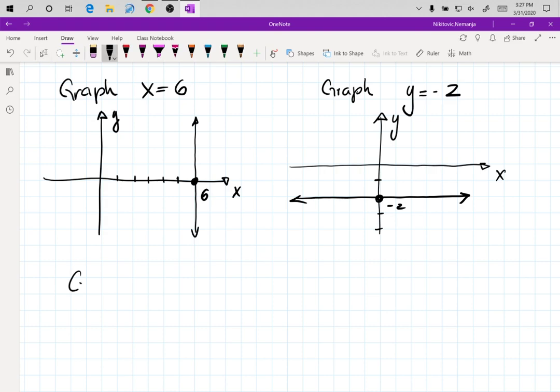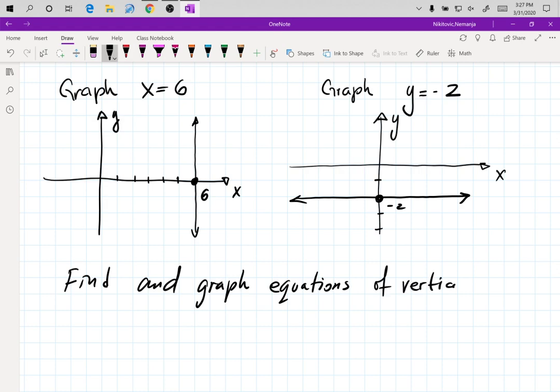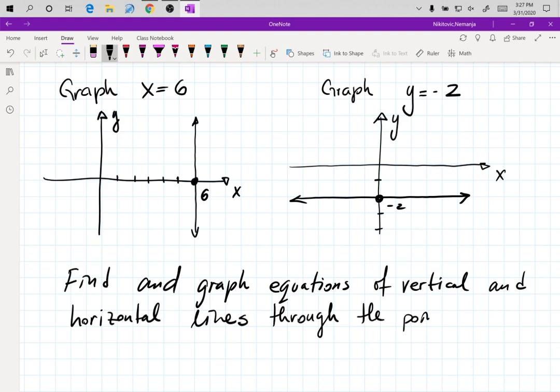The problem said, find and graph equations of vertical and horizontal lines through the point 3, -5.